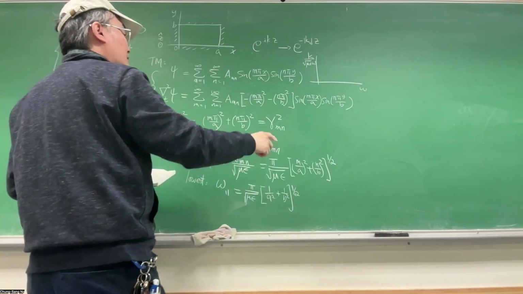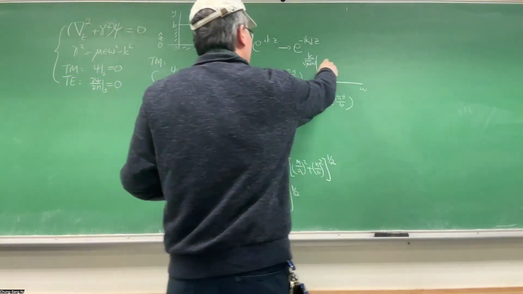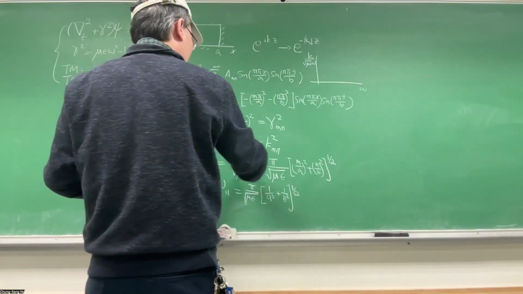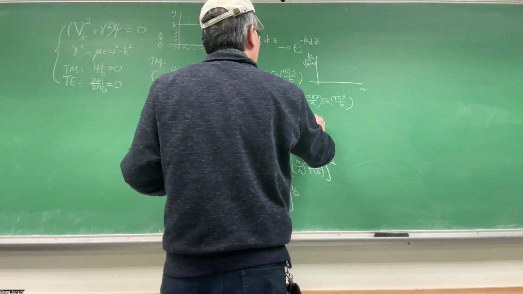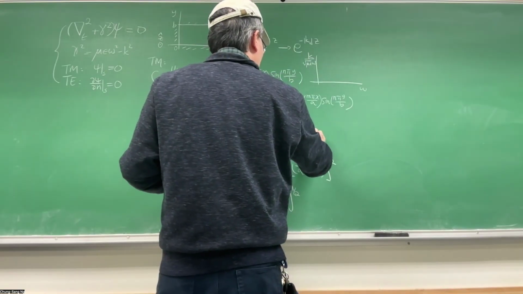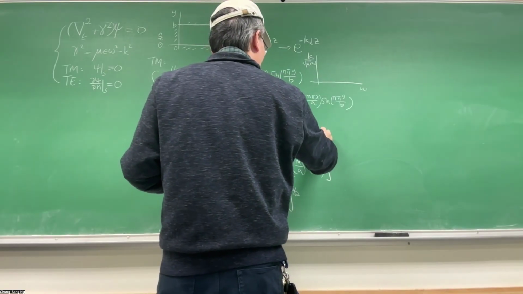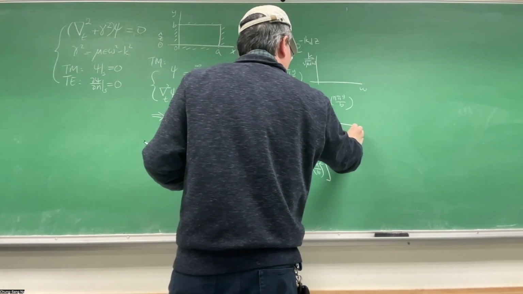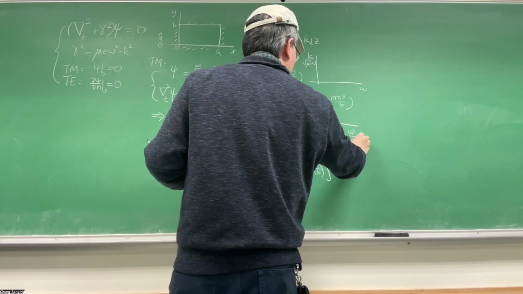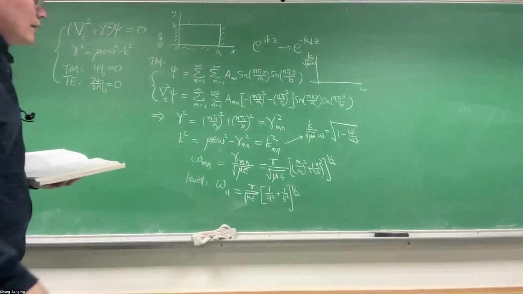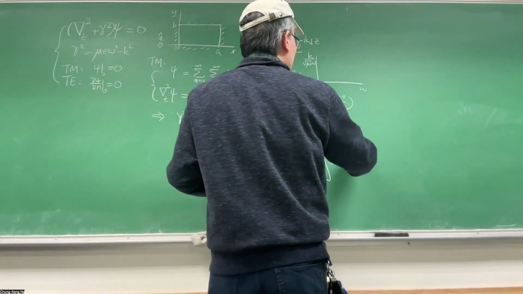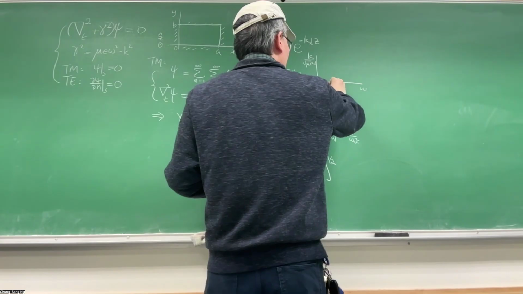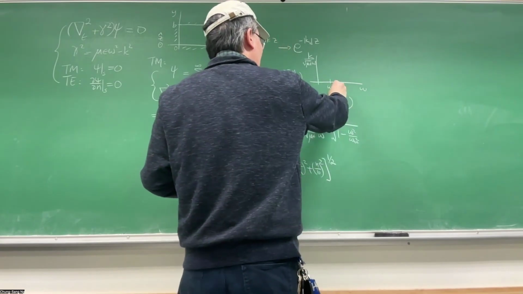So the functional form, after you define this omega mn, of k over square root of mu epsilon omega is just the square root of 1 minus omega mn squared over omega squared. So the shape of this one is just start with this omega mn, the lowest one, with omega.